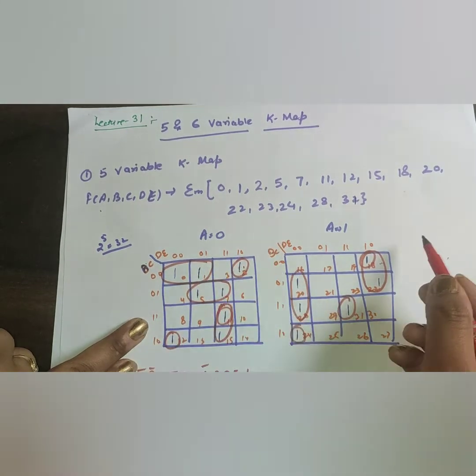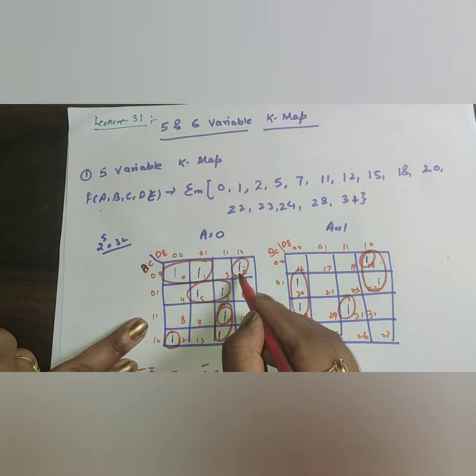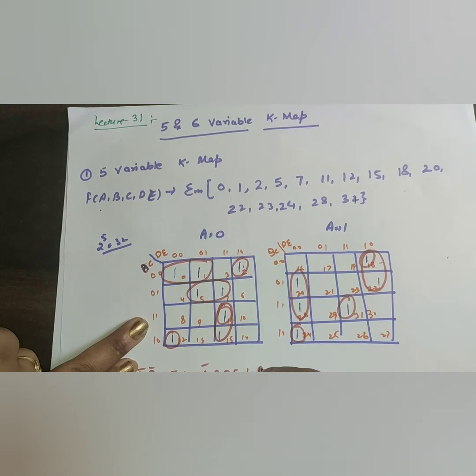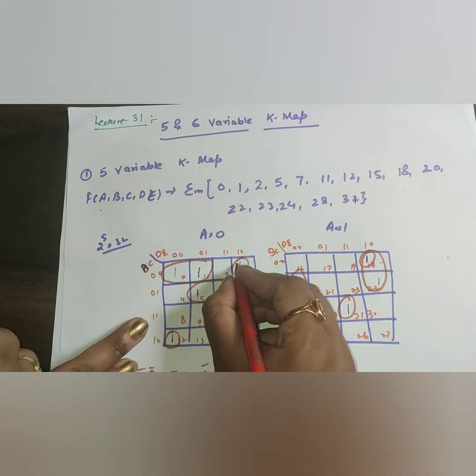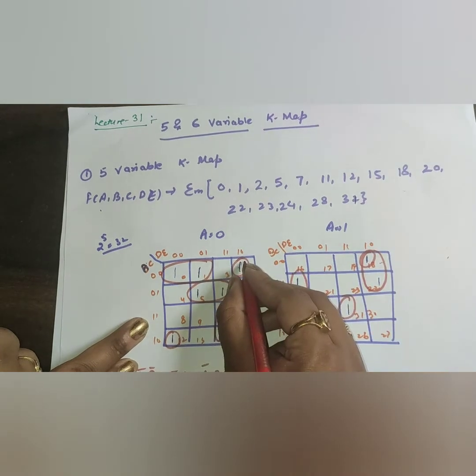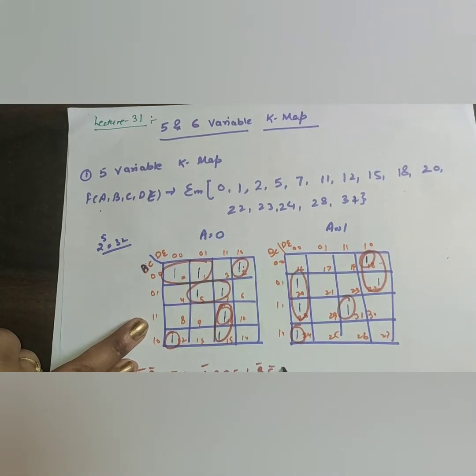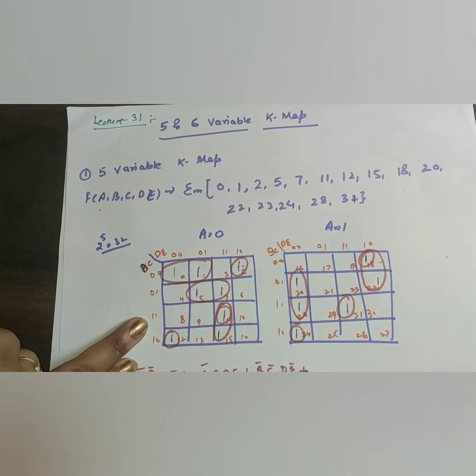If we jump from this to this, A will be eliminated and B bar C bar is there, and only from this to this, 1 0 1 0, that is D E bar.